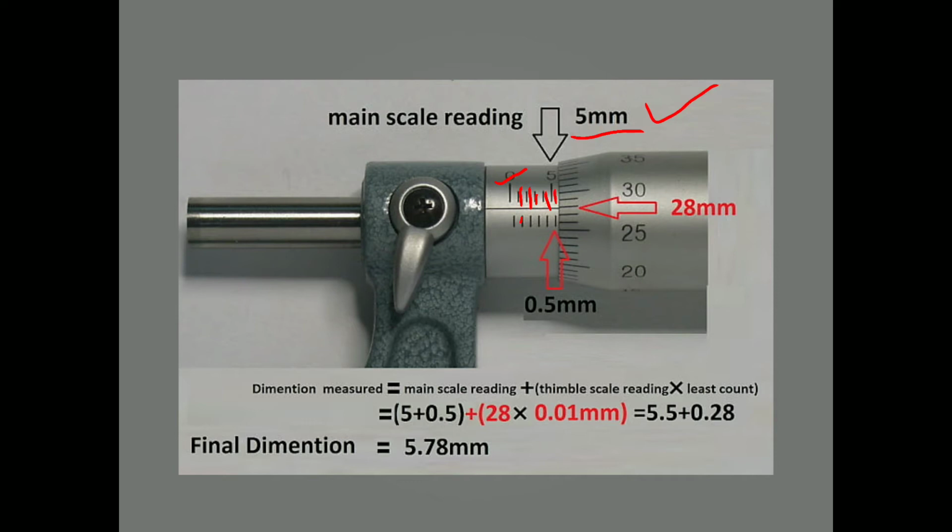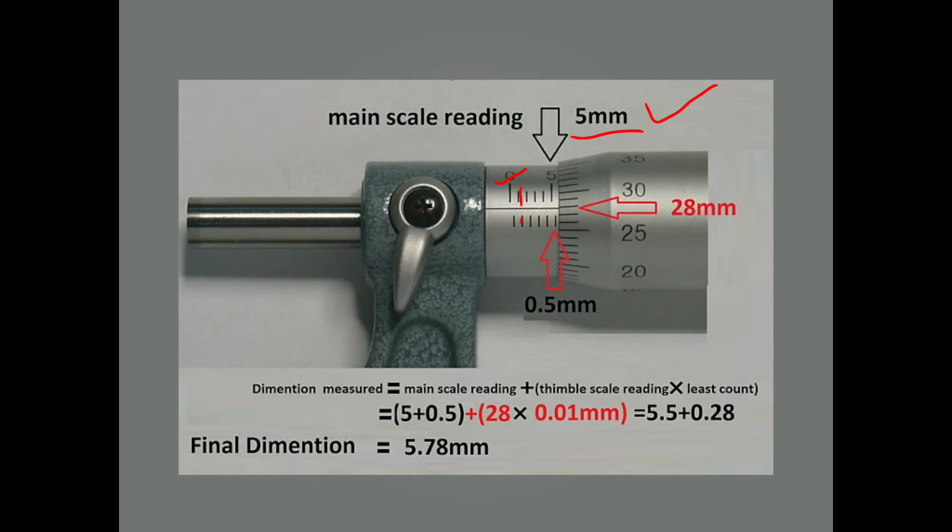But the rotation of the thimble shows that the edge of the thimble has passed 5 and it has also passed the 0.5. Here you can see the engraved lines in between 0 and 1.